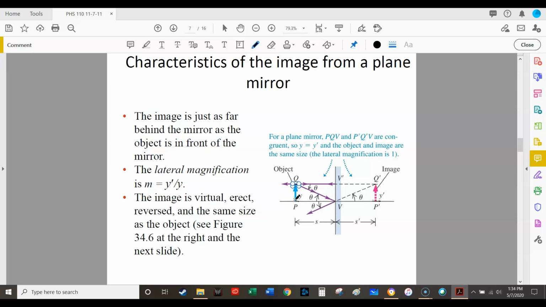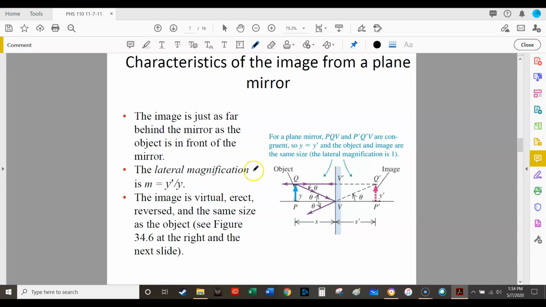So if I'm looking at myself in the mirror, my image is going to have my same height as I am. If I back up a step, it's still going to be my same height. I'm just a further distance away, right? So a plane mirror will give you an image that is the same size as your object. There's a one-to-one relationship with a plane or specular mirror.